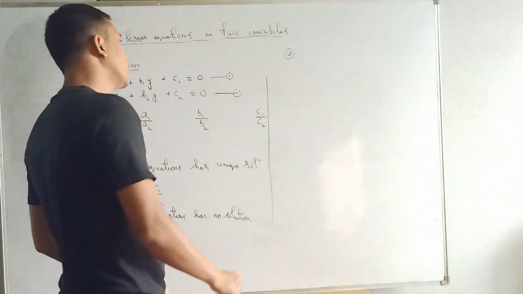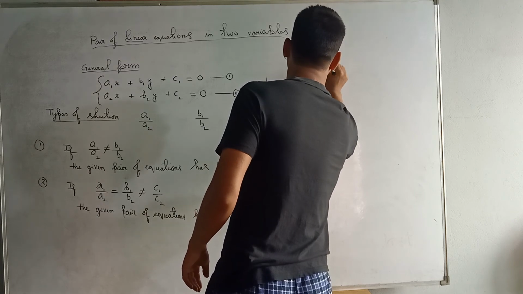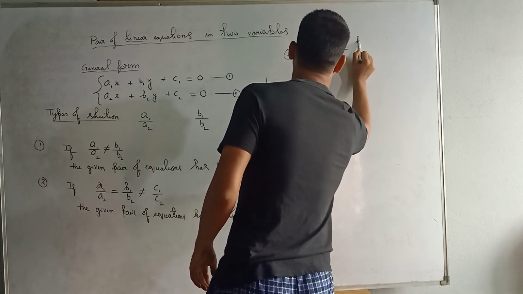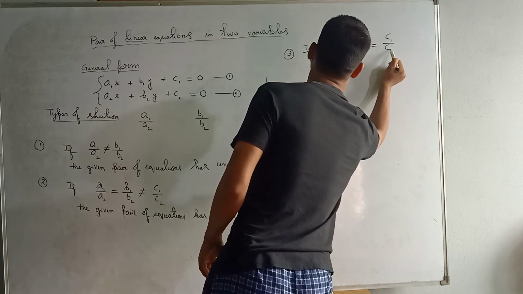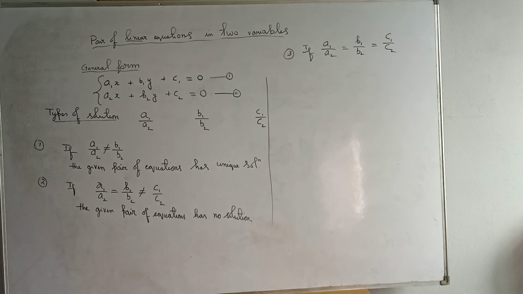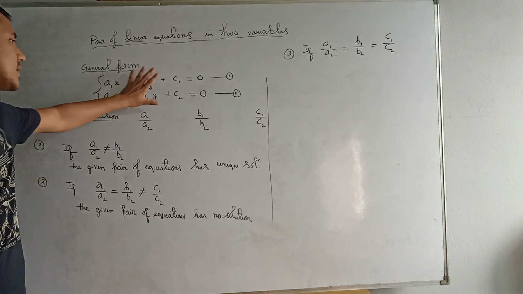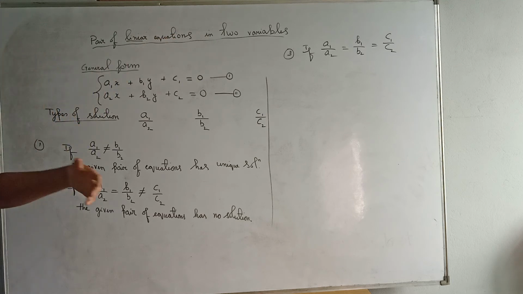All should be equal. So if A1 upon A2 is equal to B1 upon B2 is equal to C1 upon C2, if all the three ratios are equal, then we can say that the given system of equations or the given pair of equations will have an infinite number of solutions.